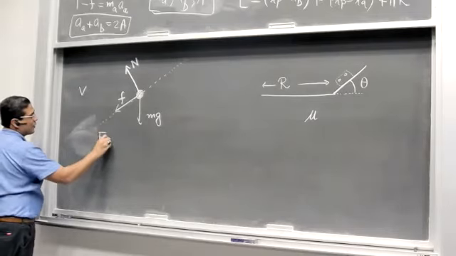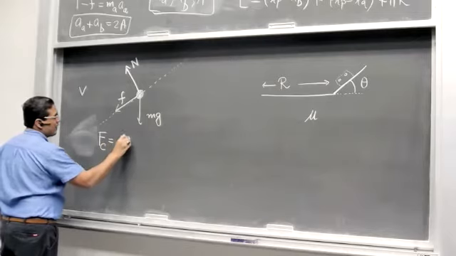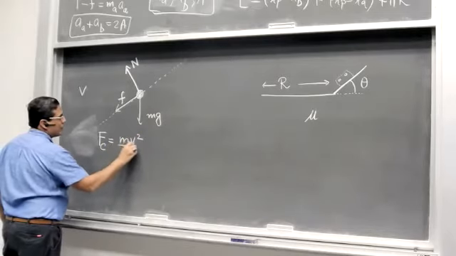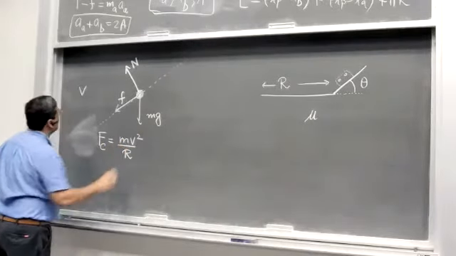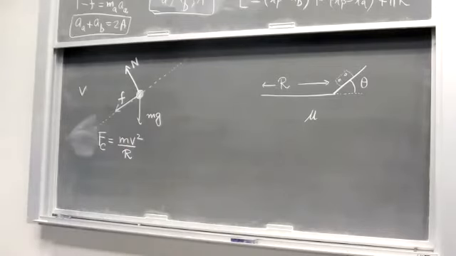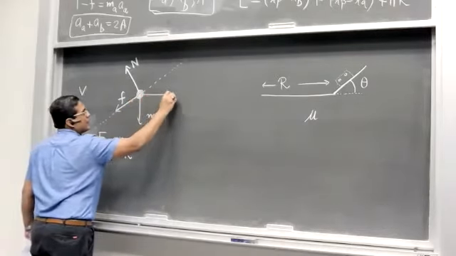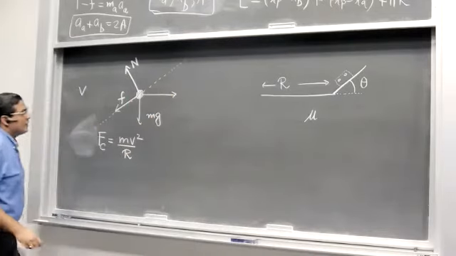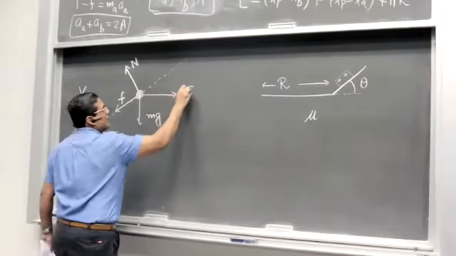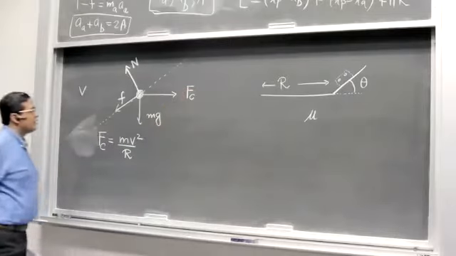It is the centripetal force Fc, mv squared over r, where r is the radius of the ramp and m is the mass of the car. And its direction would be this. The Fc is going to act in this direction.